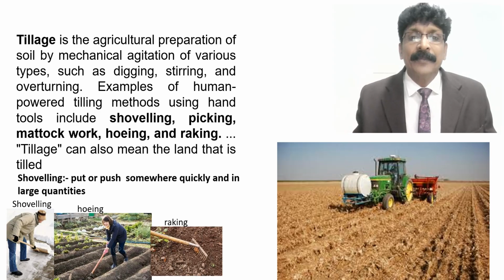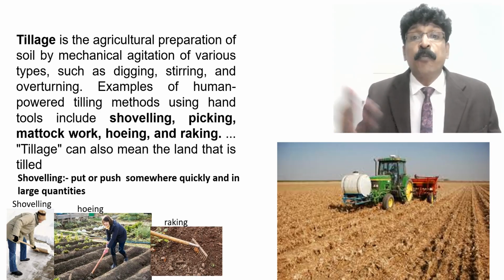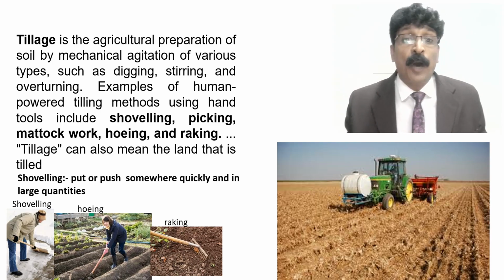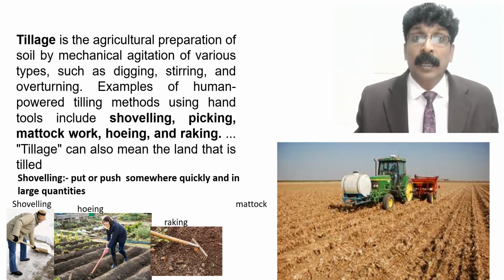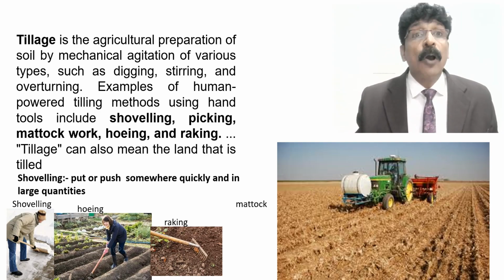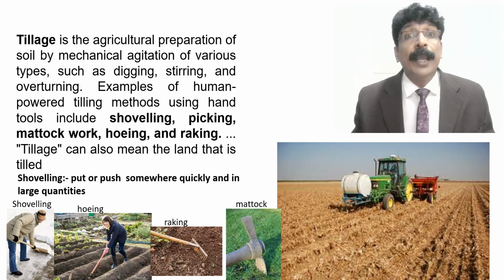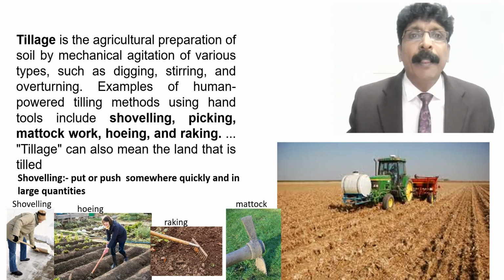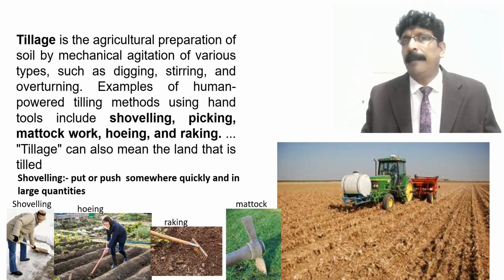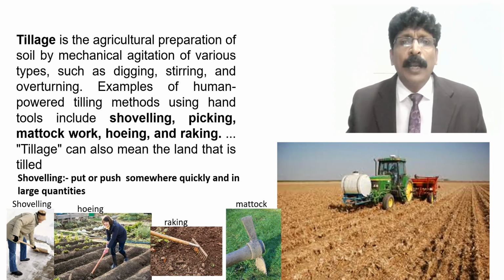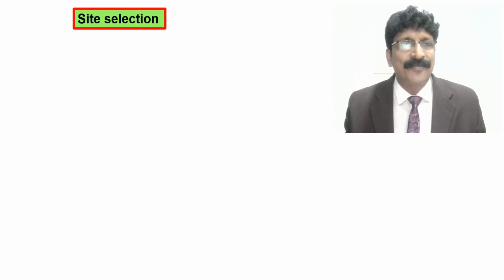Raking, you can see a strip of pointed needle like structure which can be used for raking. Mattock means a pickaxe where you can dig strongly in hard surface of soil and make it upside down. Tillage. Now the students will have an idea about what is tillage.